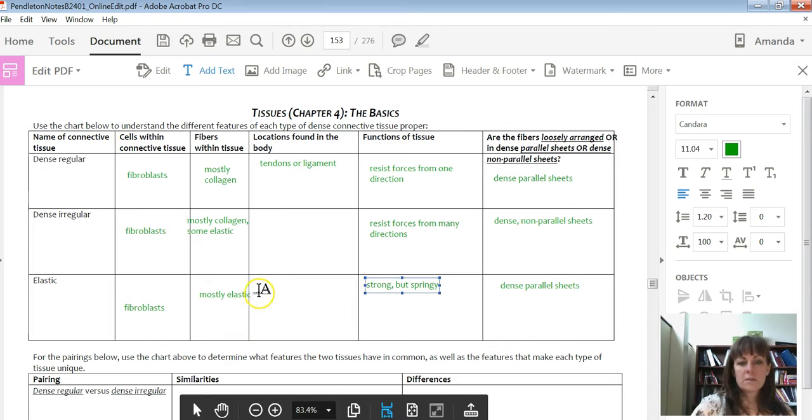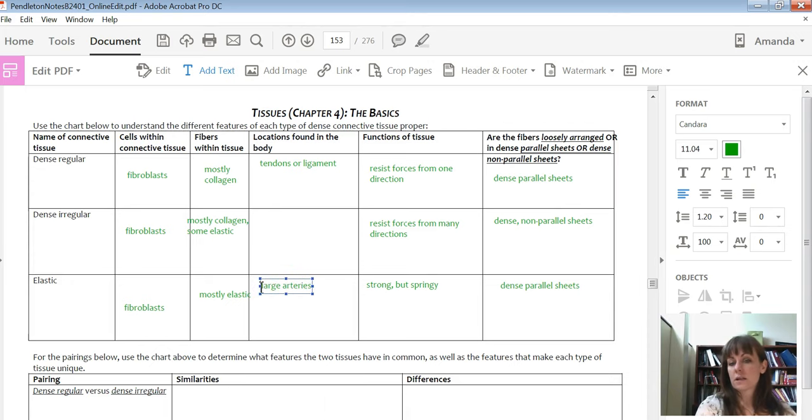And so some of the places that we're really going to find that's important, some of our large arteries that experience high blood pressure, they have to have some give, but not be weak, so that whenever they experience that heart and it beats and it pushes blood through at high pressure, it can give and then go back to its original size. We don't want it to be stretched out either.